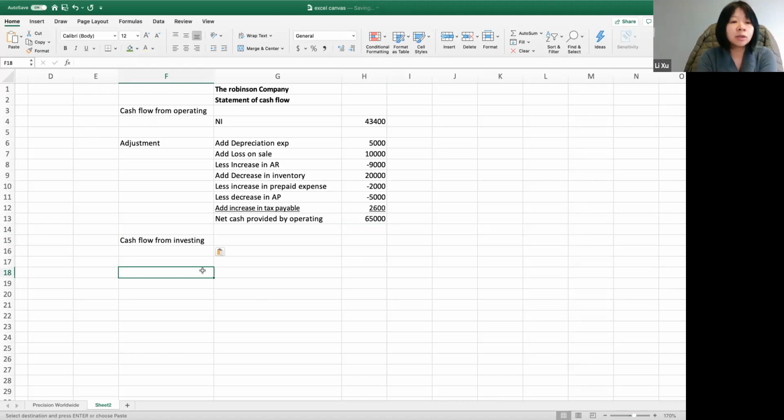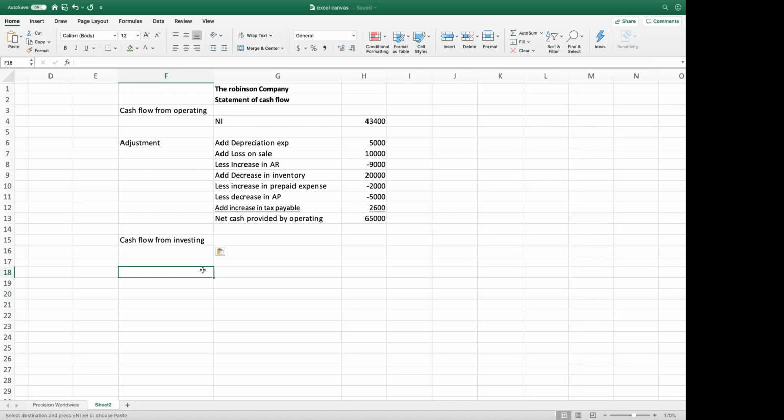What we really want to look at is the changes in long-term assets. So here, for the changes in long-term assets, we have the land and we have the building. But you can't just look at the difference and put the difference here. Instead, we have to go through the journal entries to really understand what is going on, okay?